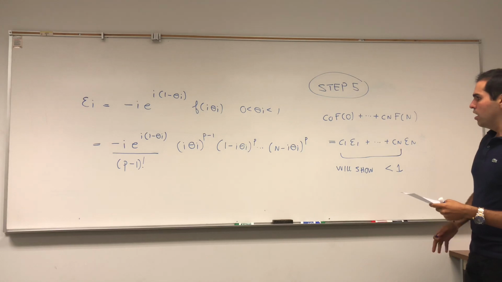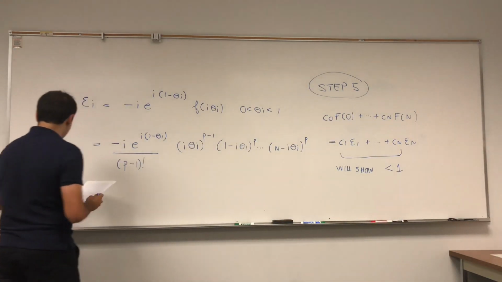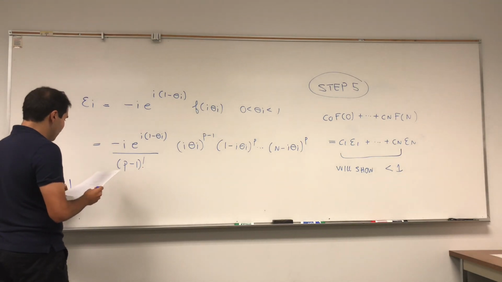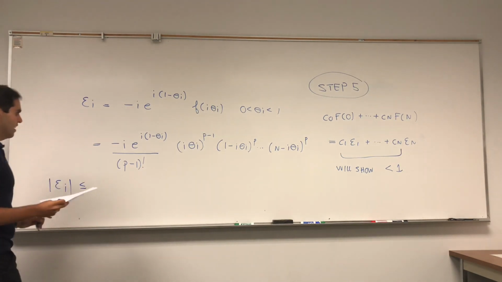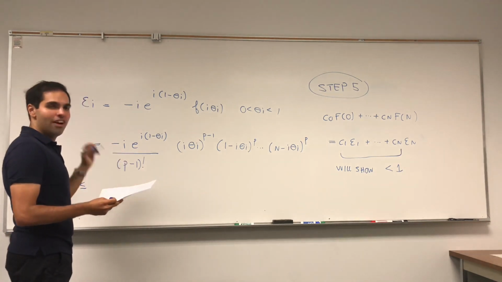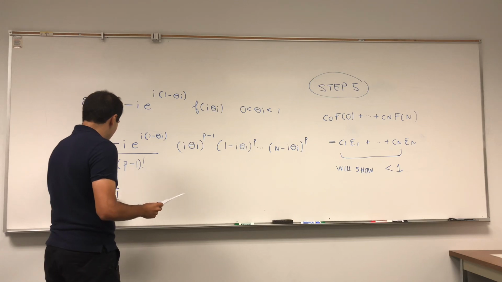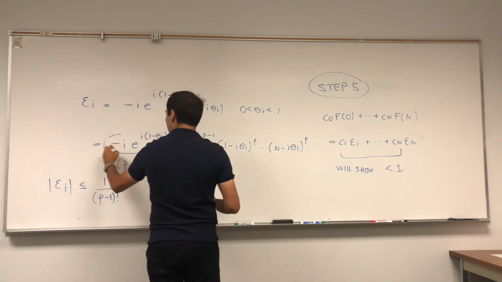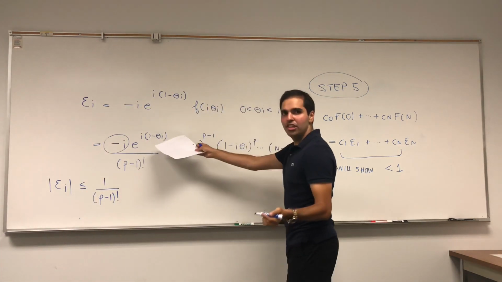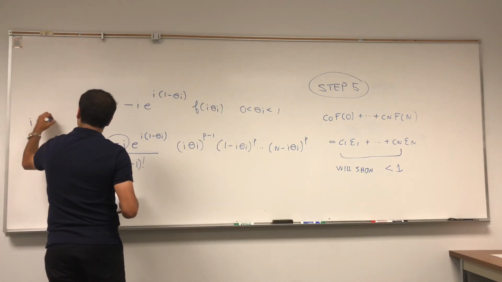Okay. And now I guess let's estimate this. So, the absolute value of e to the minus I. On the one hand, this p minus 1 factorial is still p minus 1 factorial. This thing in absolute value, remember I is just between 1 and n.